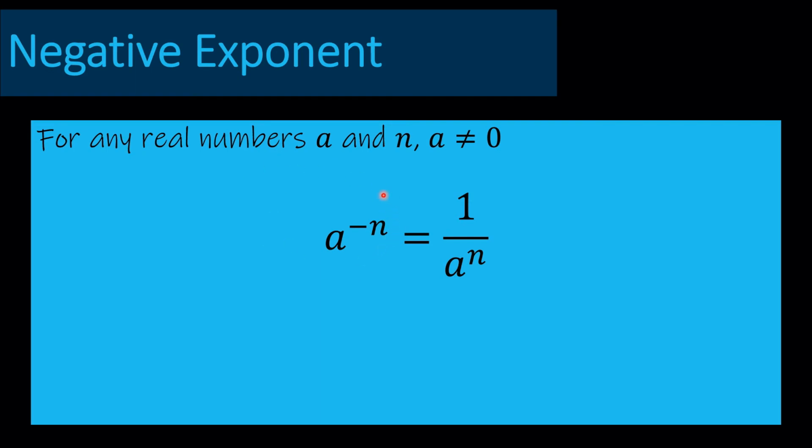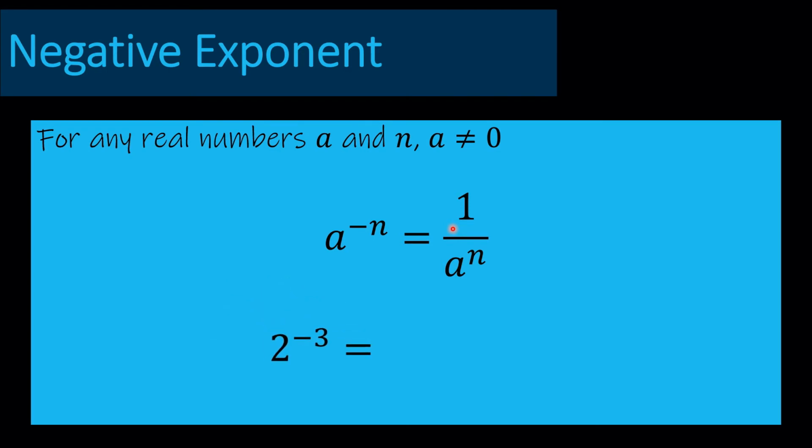So to get rid of a negative exponent, we just transform it into this form. If we have a to the power of negative n, that is equal to 1 over a to the power of n. So it becomes the reciprocal of a to the power of n if it has a negative exponent.